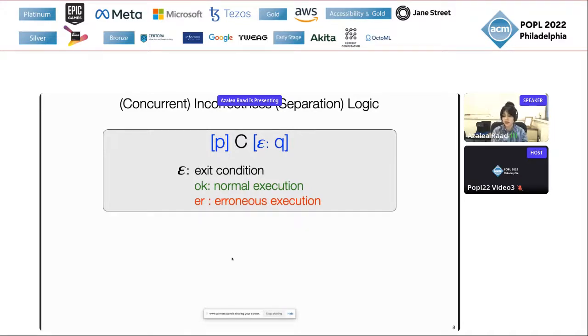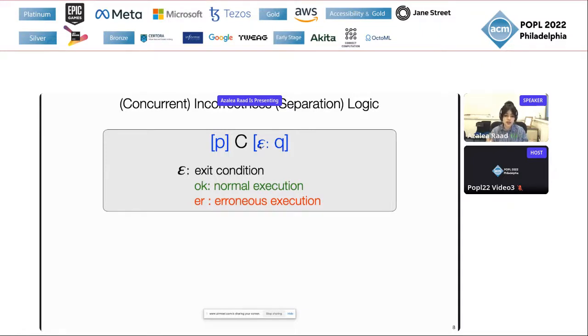But before I do that, I need to show you two tiny technical points and then move on to an example. So the first is very simple in that when we actually write incorrectness triples, there's one additional component that I've been hiding so far, namely this exit condition denoted by epsilon, which can either be OK to denote a normal execution or error for an erroneous execution.